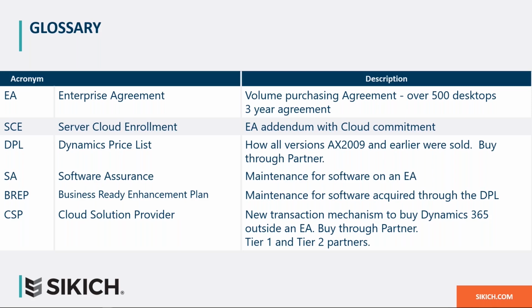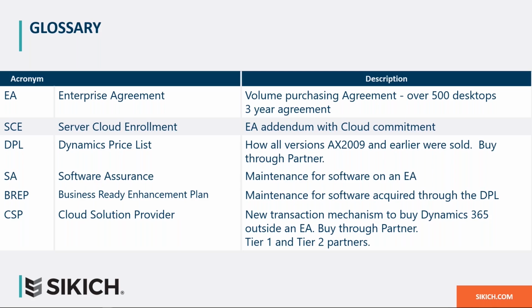Direct partners have a higher volume threshold to meet, and they transact directly with Microsoft. So Sikich, for example, is a direct CSP partner. You may have a partner that is a CSP indirect. They don't meet the volume requirements, and they will be working in the background as an indirect. They will be associated with a direct CSP partner. So I'm sure that was clear as mud.